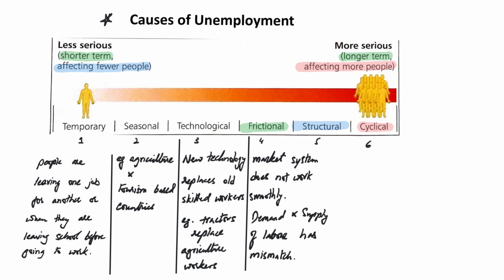For example, a construction company, an employer, is trying to find highly skilled construction workers, but unfortunately in the market there aren't enough of them. As a result they have no choice but to go with lower skilled people, and then they have to fire them because they're not up to the job, and then people become unemployed as a result. This is where the problem starts. This is what frictional is about.